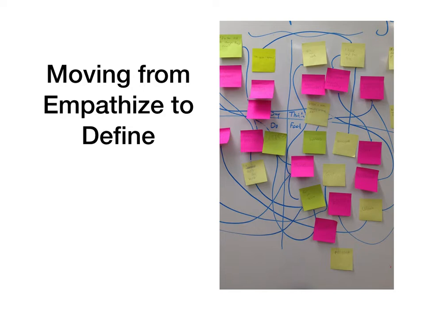And then once you got all that up there, you would use your group's collective reasoning to look at that and create groupings. So you see the group here has done that through drawing lines, which honestly make very little sense to me at this point in looking at it retrospectively.